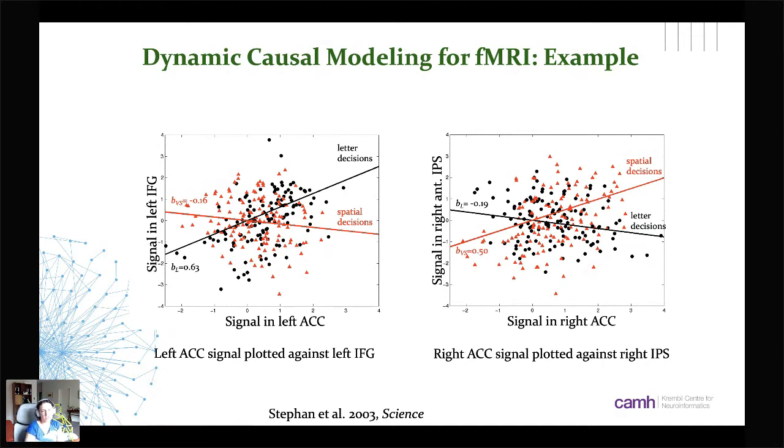In this particular study, the authors performed a seed-based functional connectivity analysis. So we don't know the directionality of these connections, whether it's really from left ACC to left IFG or right ACC to right IPS, or whether that involves an additional area C that modulates that connection.